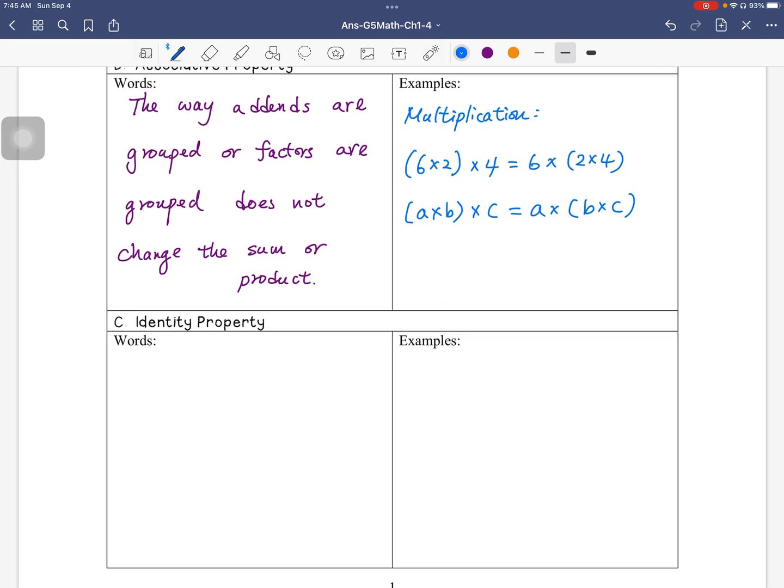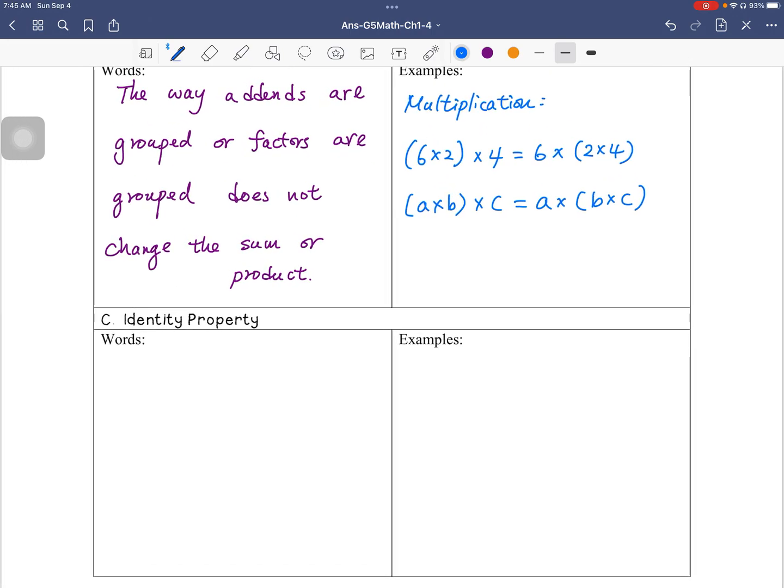Now I have the identity property. In the identity property, the sum of 0 and any number equals that number.